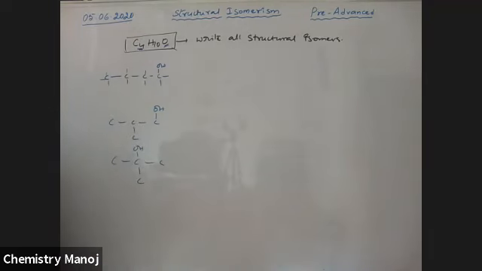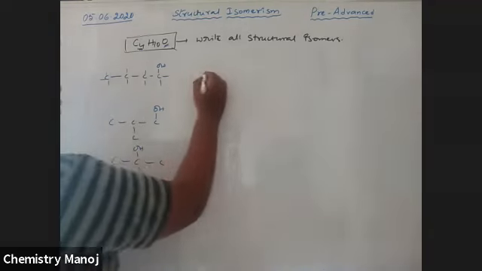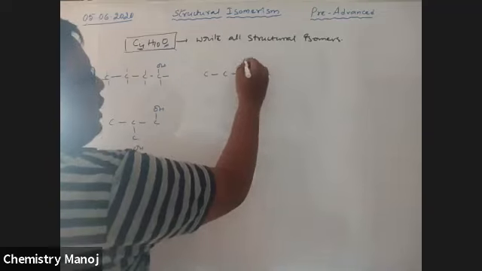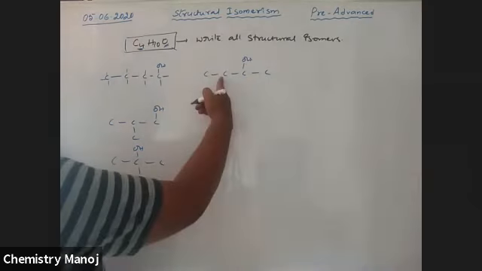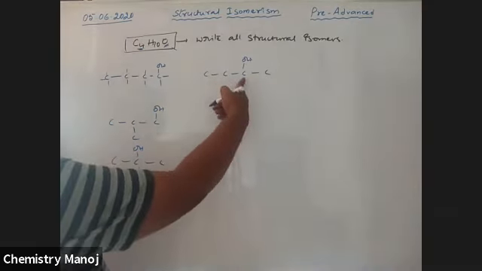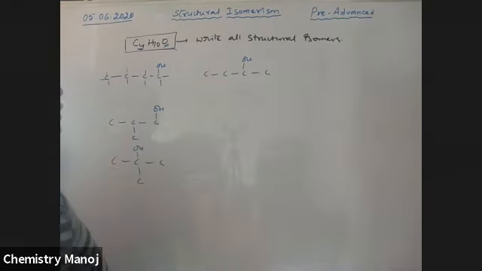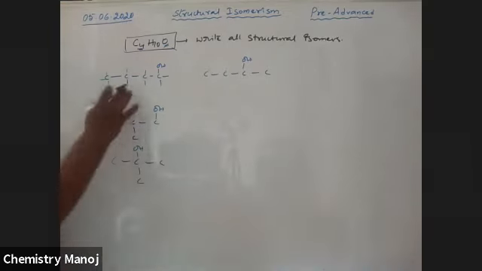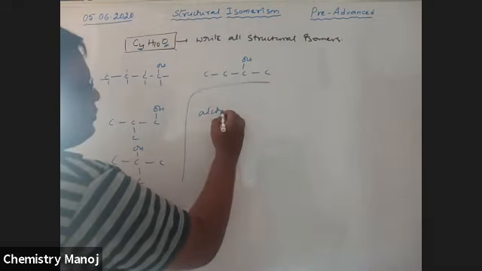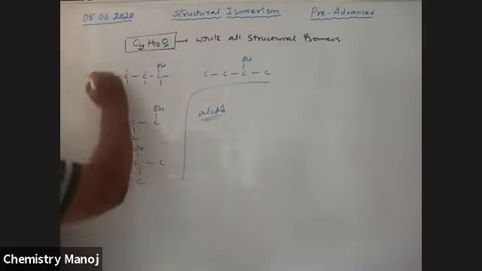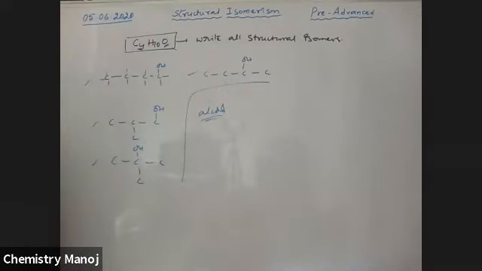These are chain isomers. Next, with 4 carbons, I am writing position isomers. Here and here both are the same. These are the only possible alcohols. Alcohols, how many? 1, 2, 3, 4. 4 alcohol compounds.